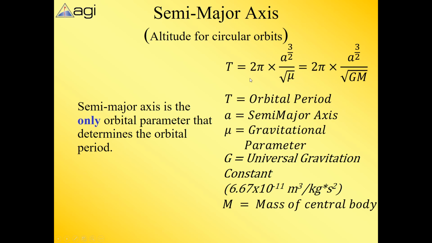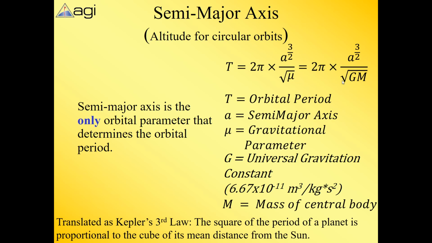Otherwise, you might recognize this as T squared equals 4 pi squared r cubed over GM. So they took the square root of both sides already. There you go. You've been using this equation already. The square of the period of the planet is proportional to the cube of its distance.